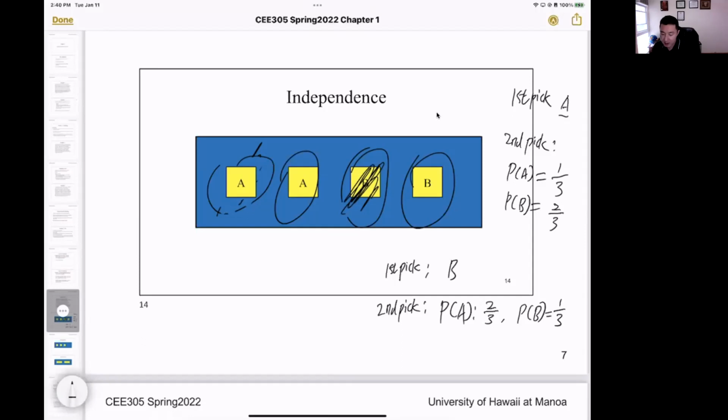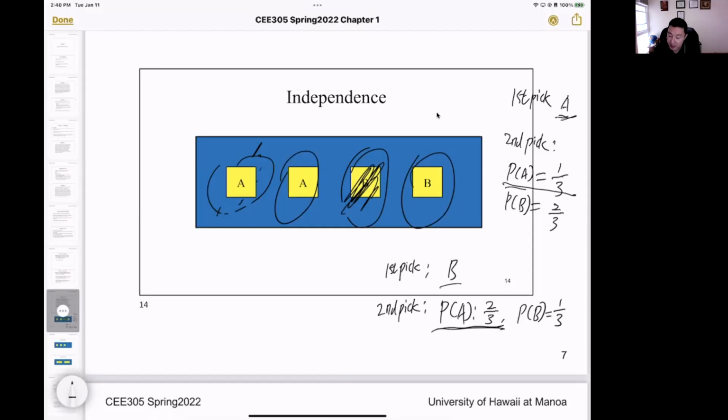So this is an example of dependence. That means we see the first pick and second pick are not independent of each other because the result for the second pick, PA, depends on the result from the first pick. If the first pick is A, for the second pick, the probability we get A is 1/3.